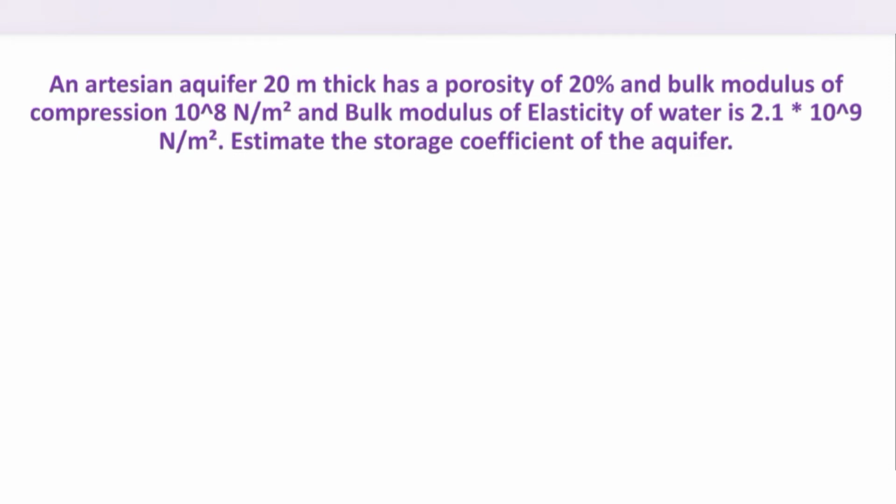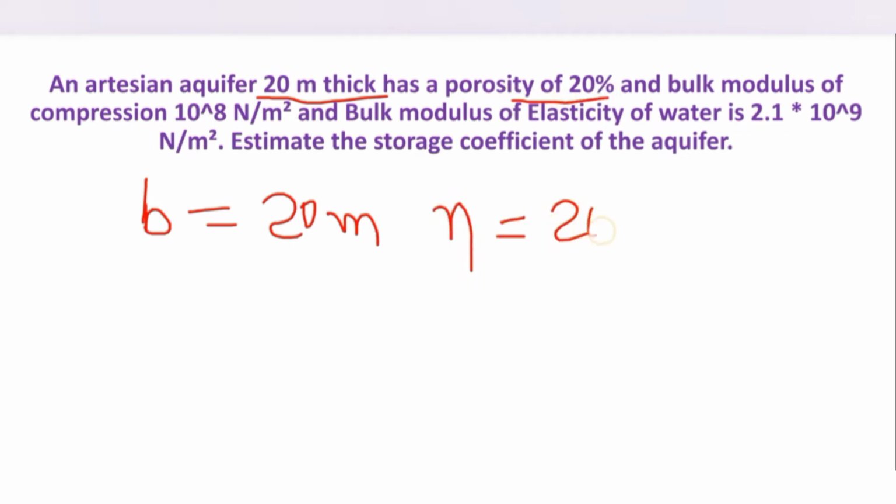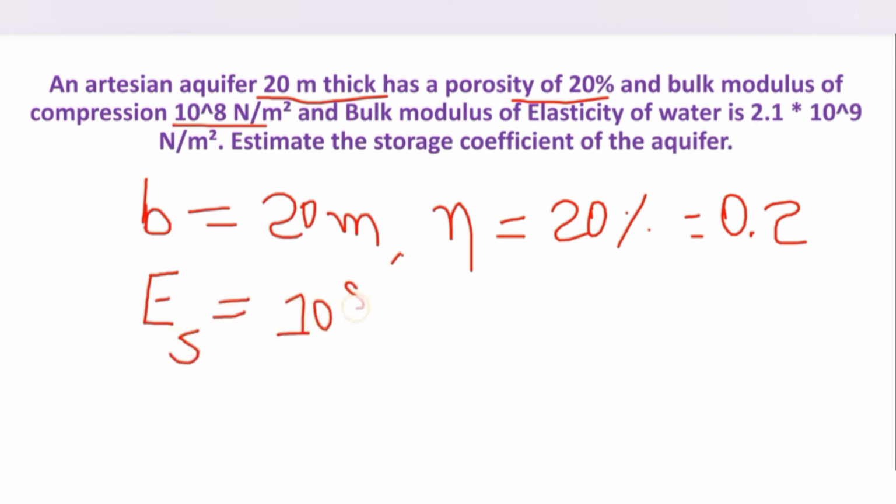The thickness of the aquifer is 20 meter, that is B is equal to 20 meter. Porosity is 20%, so it will be equal to 0.2. Then bulk modulus of compression is 10 raised to 8 Newton per meter square. Bulk modulus of compression is Es, and Es is equal to 10 raised to 8 Newton per meter square.